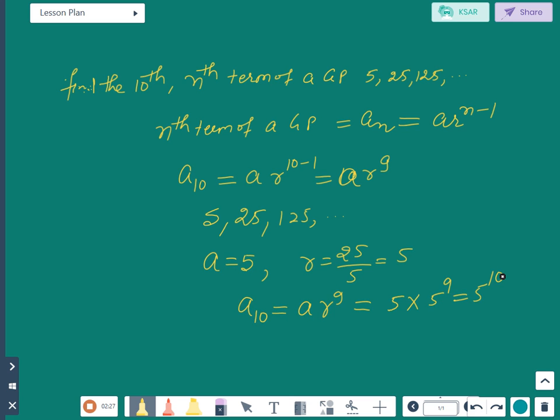Now the second part is the nth term, where a is 5 and r is also 5, so 5 times 5 power n minus 1.